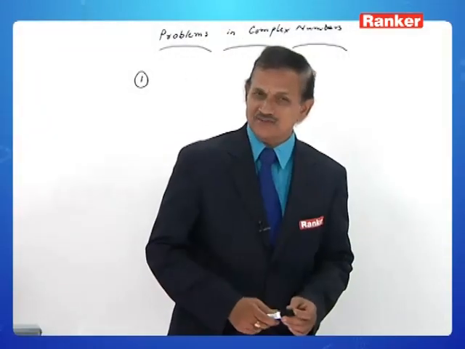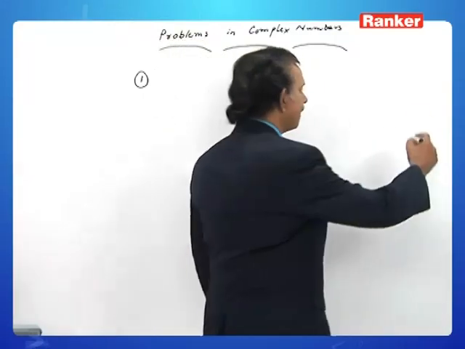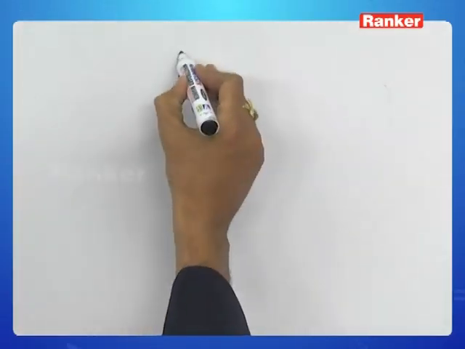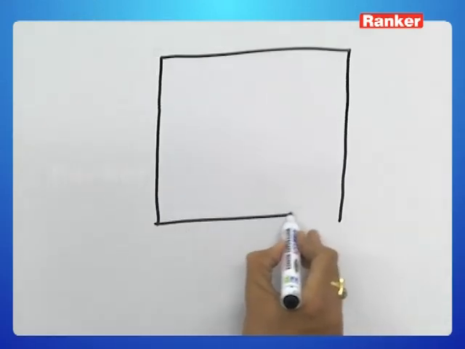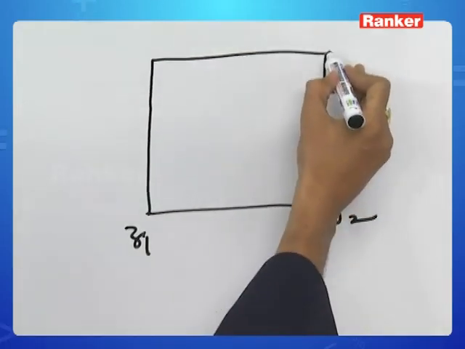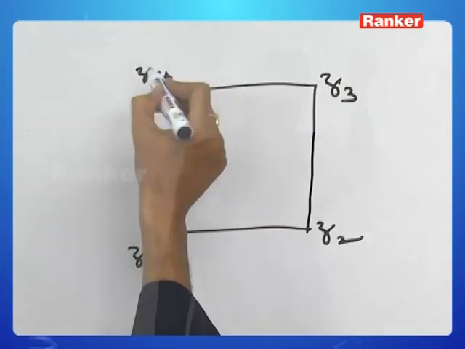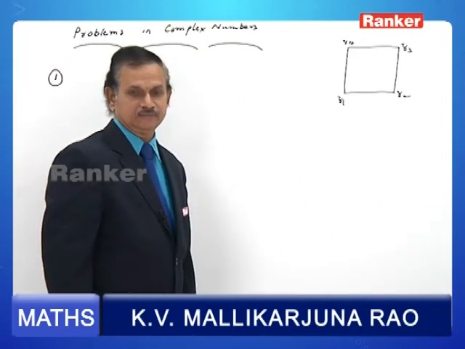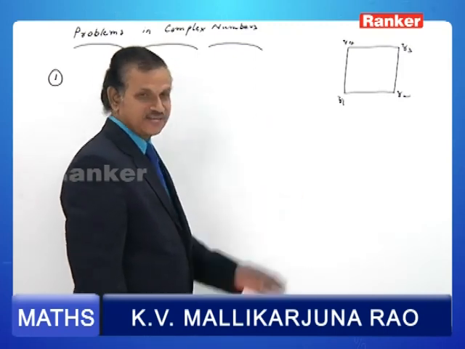First of all, what are Z1, Z2, Z3, Z4? They are the vertices of a square. As it is a square, we see that all the sides are equal.